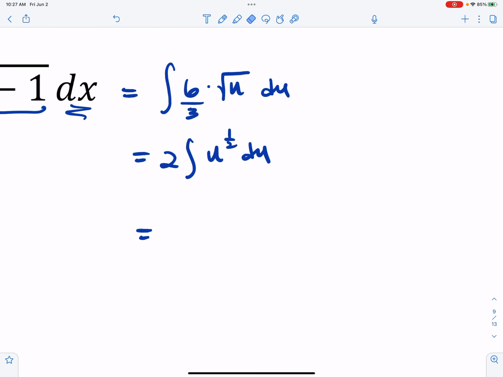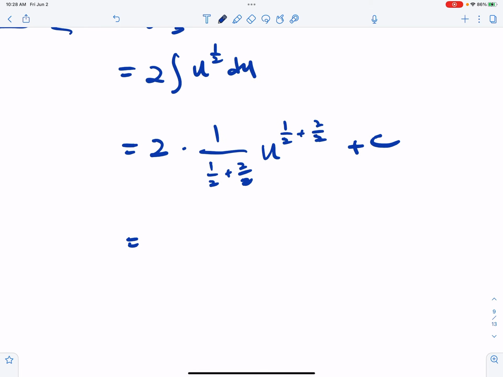And then just applying power rule for integration, that would be, or here, I'll write it this way, 2 times 1 over 1/2 plus 1 times u to the 1/2 plus 1 power. If you need to write this out, it's okay. Plus c.